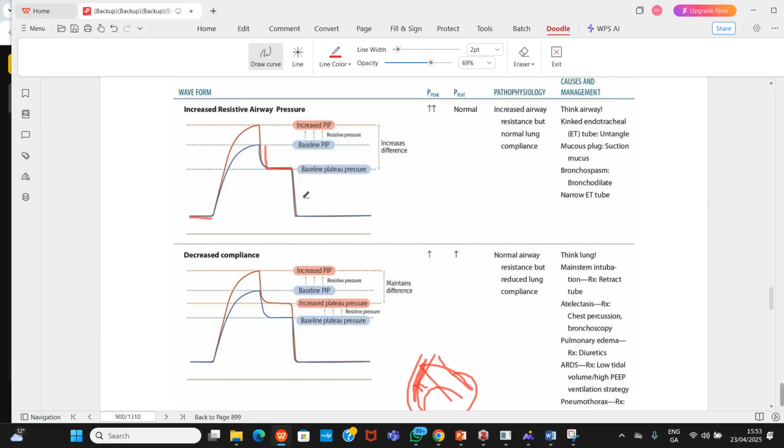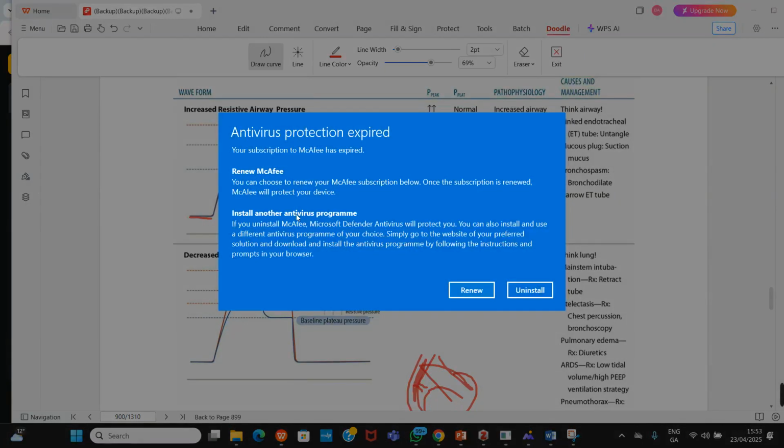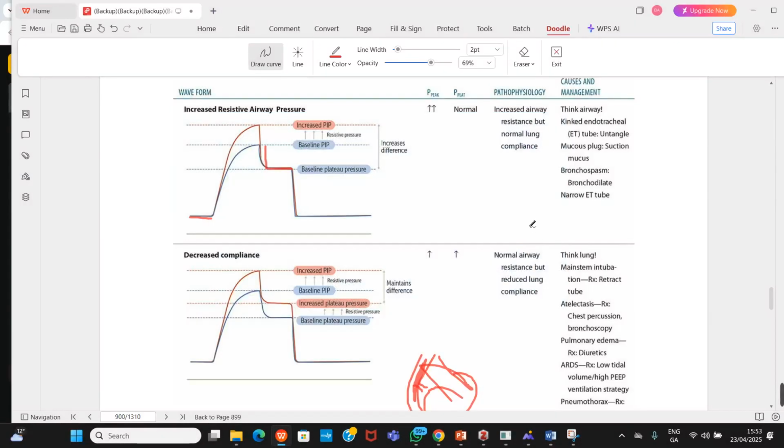So the pressure from here to here is what? Resistive pressure, exactly. So this is the plateau pressure. The difference between this part and this part is going to be the what? Elastic pressure. Thank you very much. So this is elastic pressure.